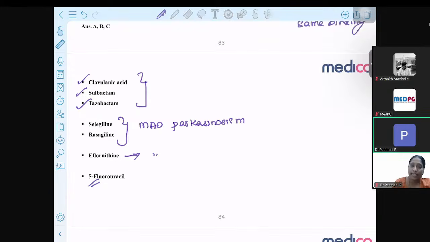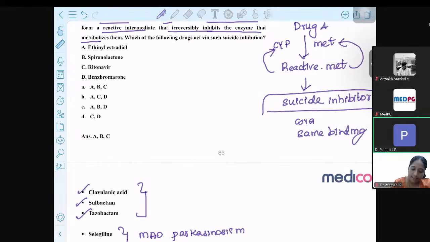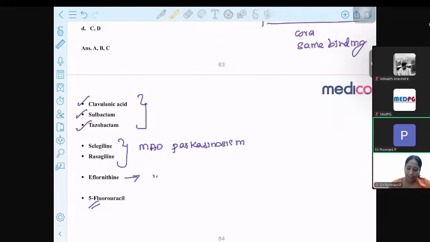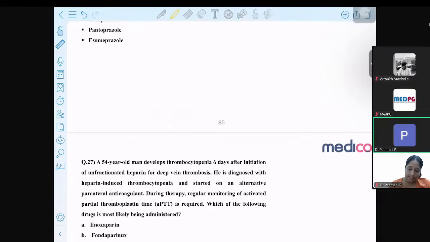In addition to these, there are drugs such as ethinyl estradiol, spironolactone, and ritonavir, which can also act as suicide inhibitors. So among these, the only drug which doesn't act as one is benzbromarone. This is a drug which is not a suicide inhibitor. Okay. So now moving into the next question.